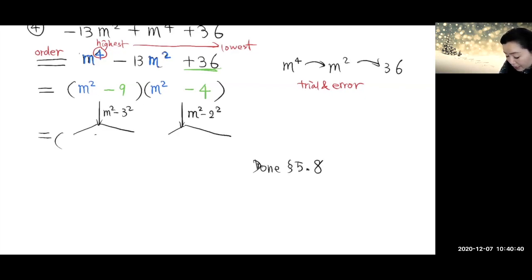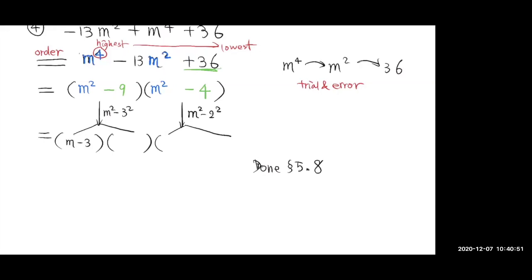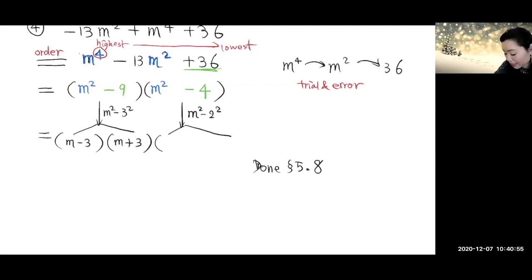Okay, so what will be the factor for this? M squared minus 3 squared. M minus 3 times what? M plus 3. Good. Similarly, this factors into m minus 2 times m plus 2. Okay, and now we're done, finally.